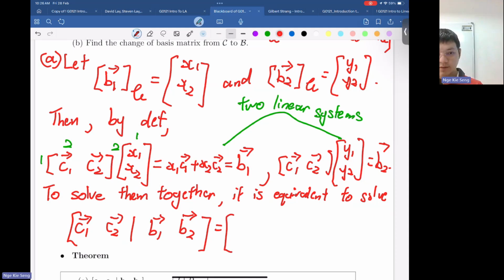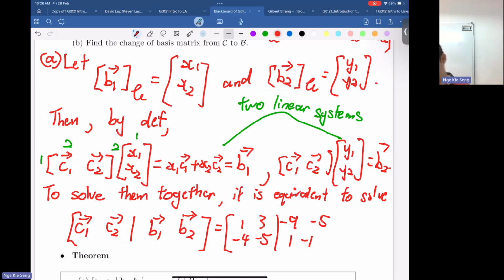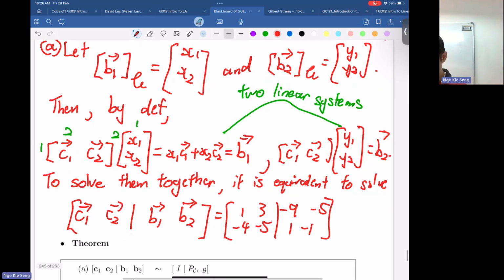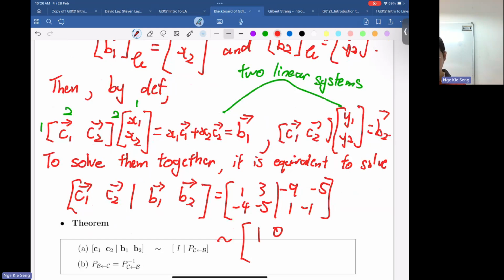Let's write it down. Where [C1 C2] here is 1, 3, minus 4, minus 5, and then minus 9, minus 5, minus 1, sorry, 1, minus 1. If you do the row reduction here, let's skip the steps: 1, 0, 0, 1, and you will get 6, 4, minus 5, minus 3.